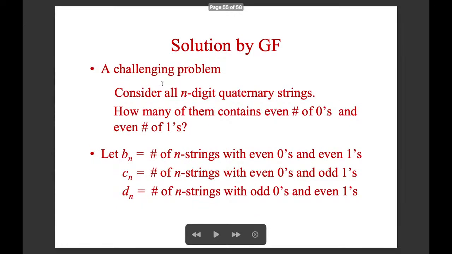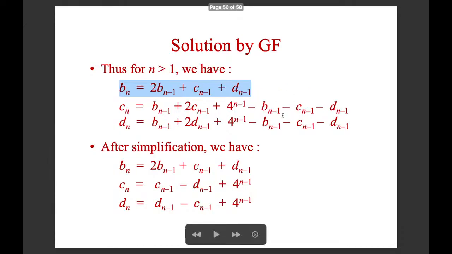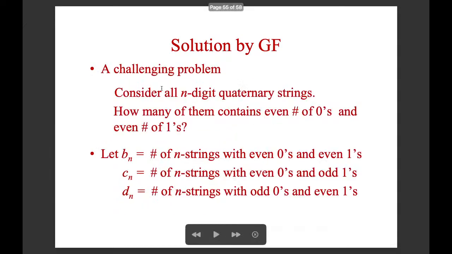So in order to get an n-digit string with an even number of zeros and an even number of ones, we may begin with an (n-1)-length string with an even number of zeros and an even number of ones, and then we append 2 or we append 3 at the end. So we still keep an even number of zeros and an even number of ones. The number of ways of doing so is 2 times B(n-1).